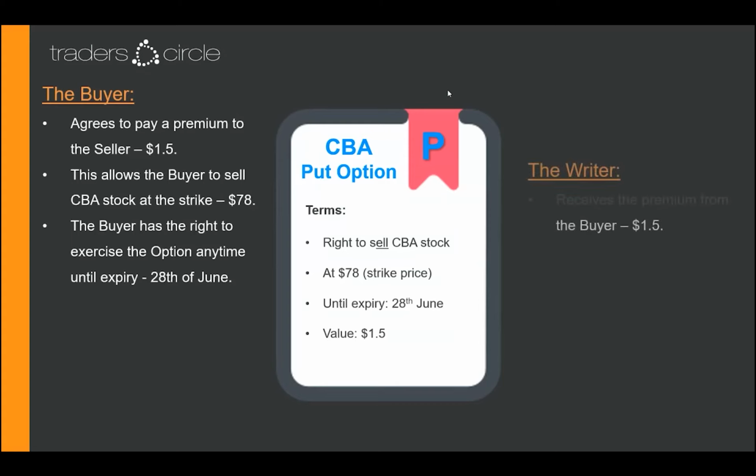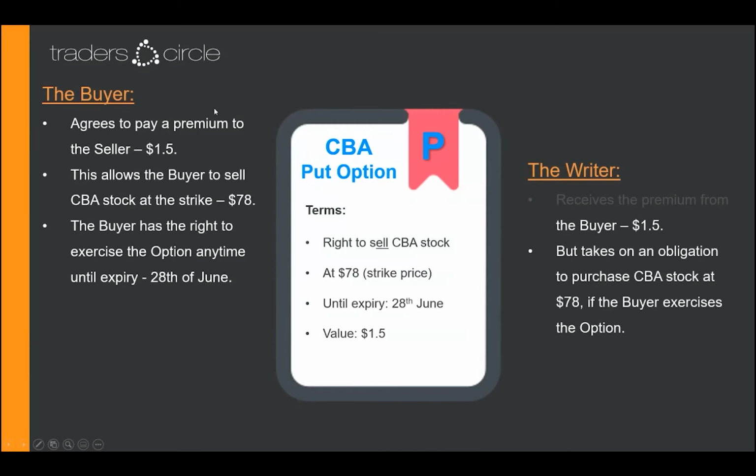Now let's look at the writer. The writer is the person who's on the other end of the deal. They're going to receive $1.50 from the buyer, right? That makes sense as well, doesn't it? Because they're selling something. When you sell something, you receive money. So they're selling this put option, or writing it is another way of saying it, and they're going to receive the $1.50 from the buyer.